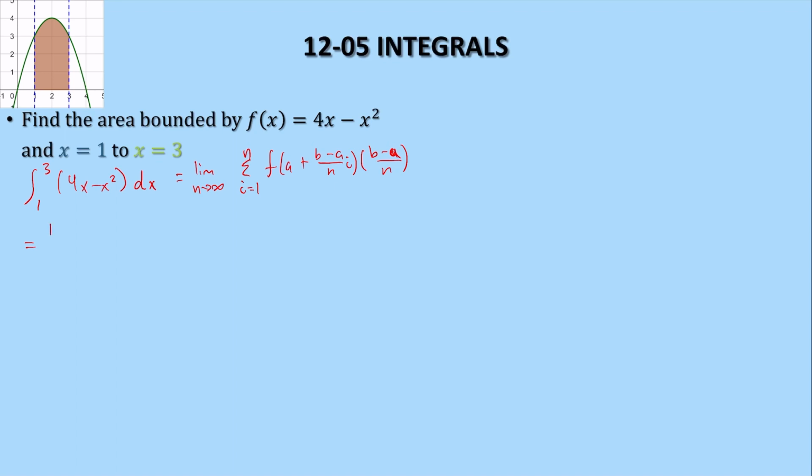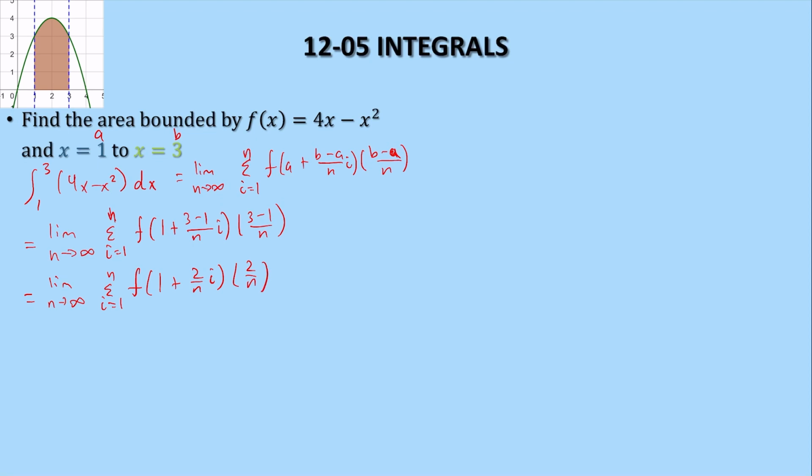We could start by filling in the a and the b. A is 1, b is 3. Okay, this becomes f of 1 plus 2 over n i times 2 over n.